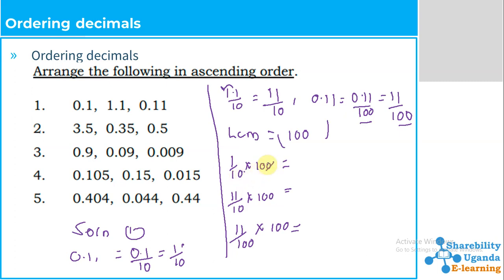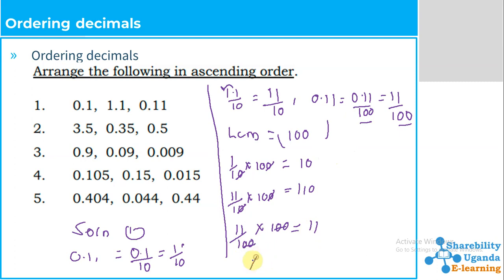We cancel the 0 and the 0, so here we get 10. Here also we cancel, and 11 times 10 gives 110. Then here we cancel this and this, so we get our answer as 11.